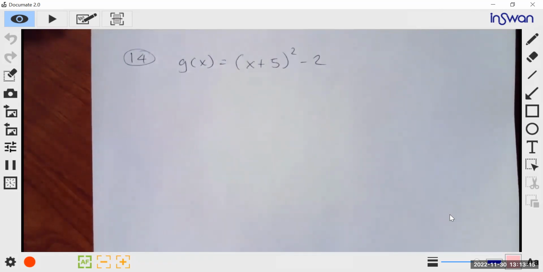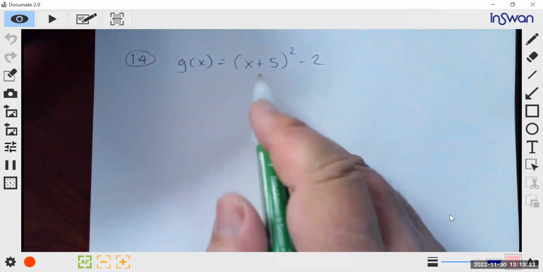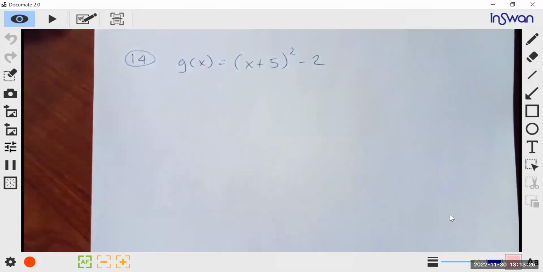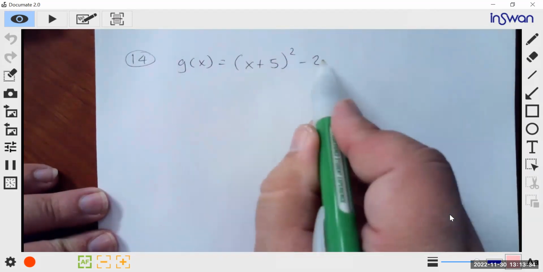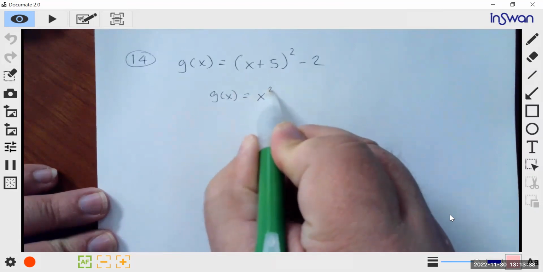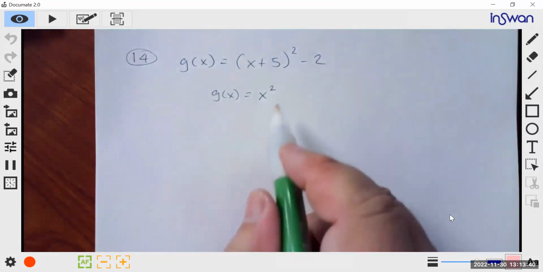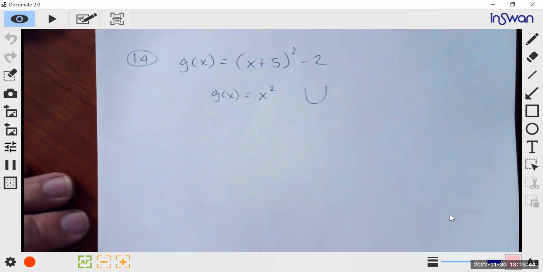From the library of functions, remember we had those 12 different graphs? If you got rid of all the numbers, leaving any exponents, what you would be left with is that. So that's the basic function.